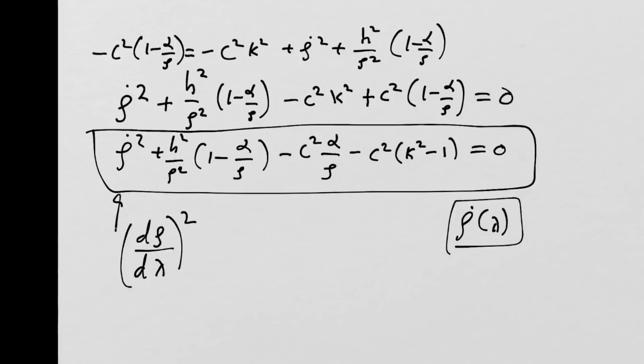So it's a nonlinear differential equation, because the derivative comes in as a square. Also, it's got rho in all these weird places: a cubic rho in the denominator here, a square rho in the denominator there, a linear rho in the denominator there, and then this is a constant.